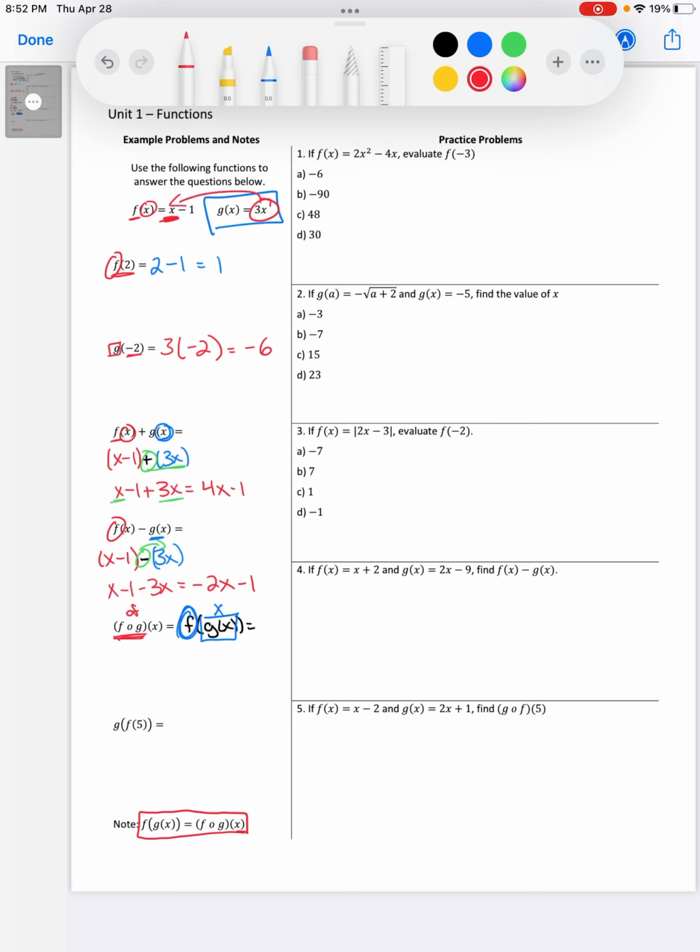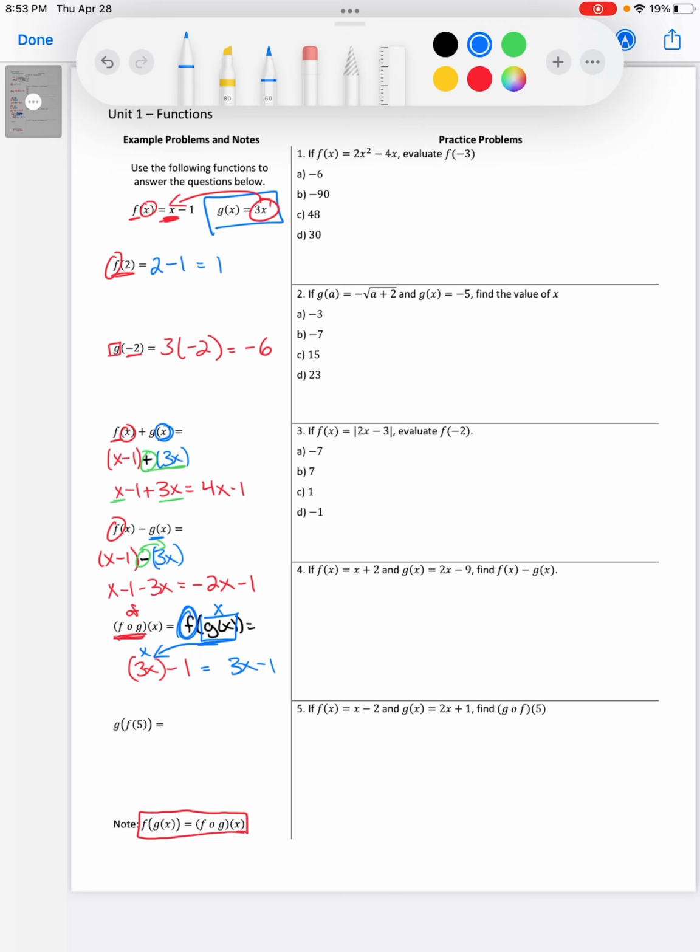So we're going to have 3x minus 1. That 3x is in the place of x normally, but we're changing it because we're putting g of x in there. So then we just get 3x minus 1. Nothing simplifies, right? There's no like terms there. Awesome. So let's go to the next one.